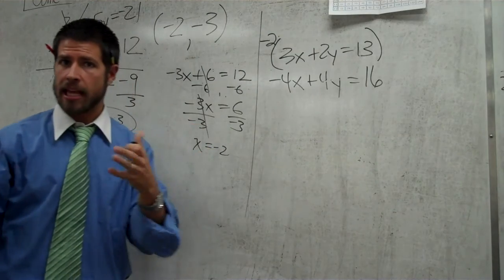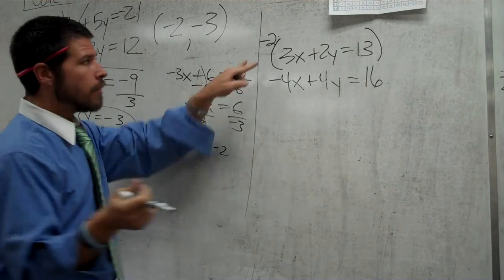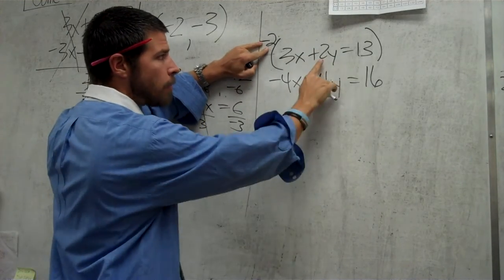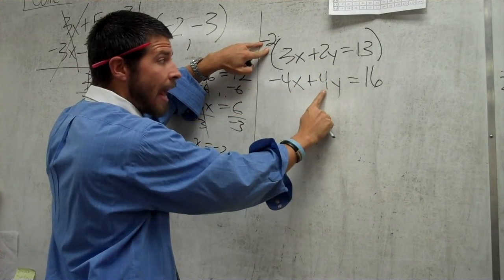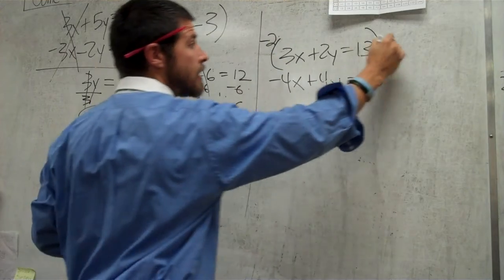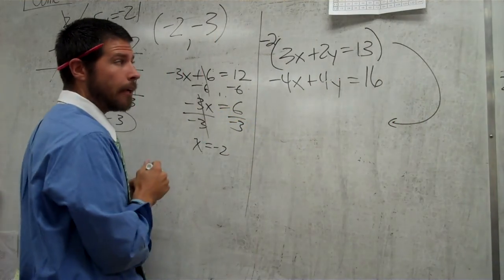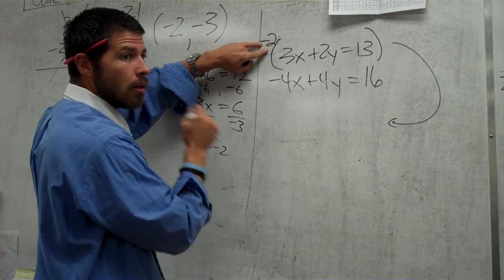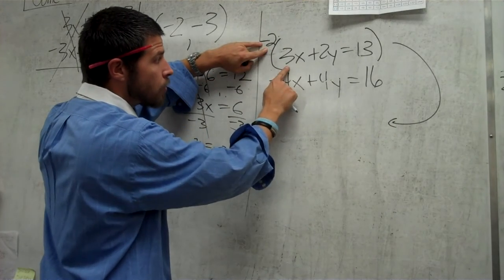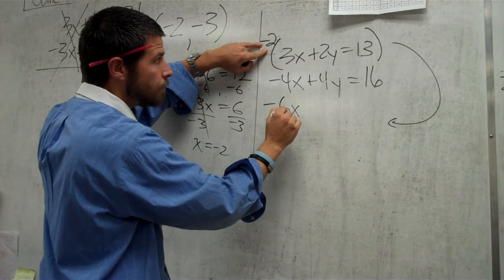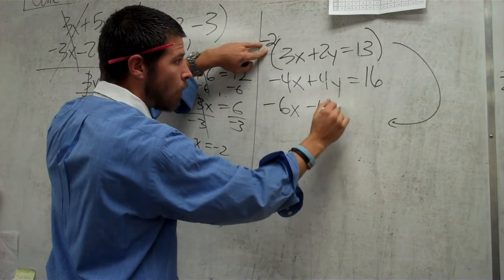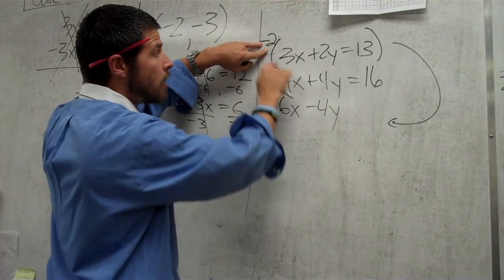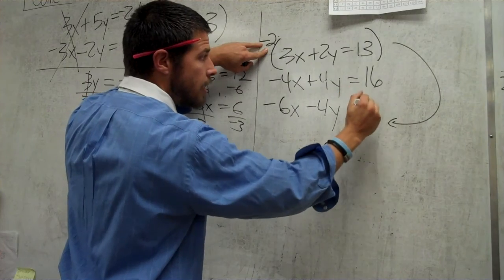This negative 2 is going to multiply by this positive 2 and give me negative 4, and I have a positive 4 here. So I'm going to rewrite this down on the second line. Negative 2 times 3 is a negative 6x. Negative 2 times 2y is a negative 4y. Negative 2 times 13 is a negative 26.